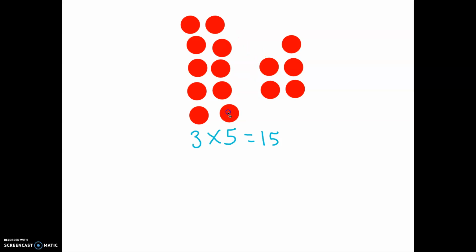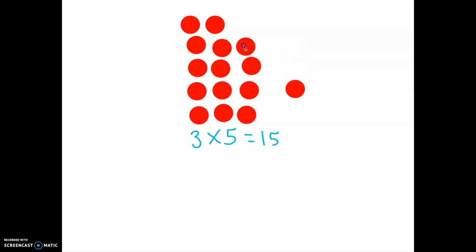This is an array for 3 times 5, which is 15. And I can do the turnaround by making it be 5 going down and 3 in each row. And then my turnaround fact is going to be 5 times 3 equals 15. Let's try it again.